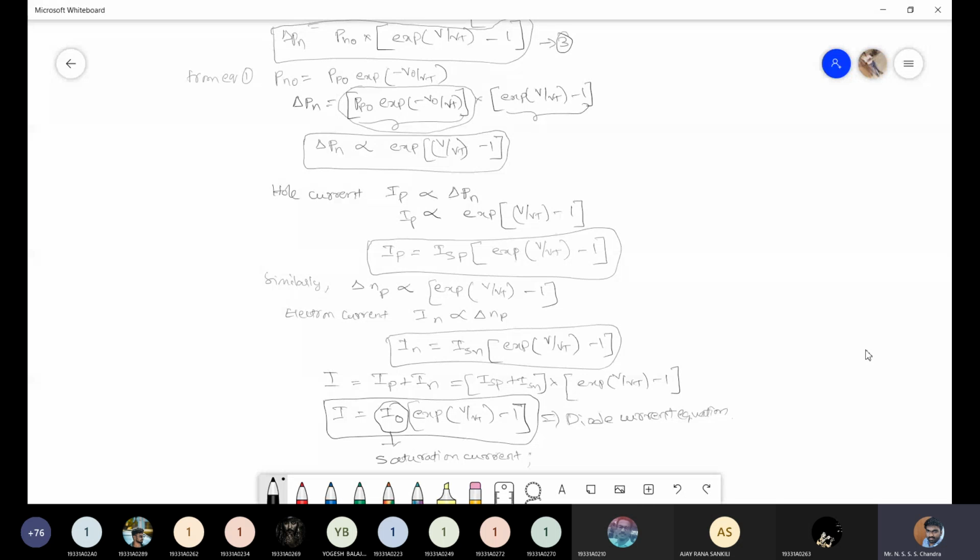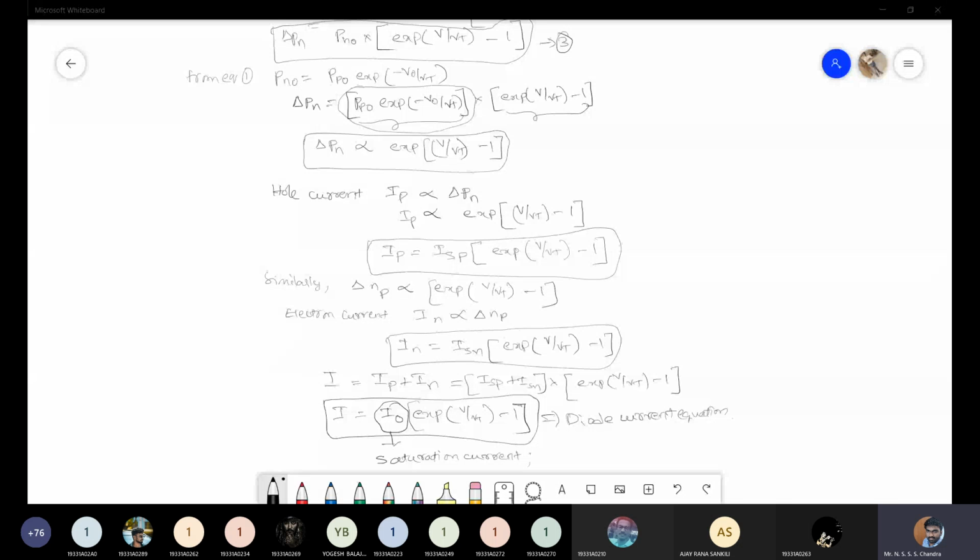I think all the equations have adjusted, have zoomed out so that all the steps are visible. Still I have to scroll up.